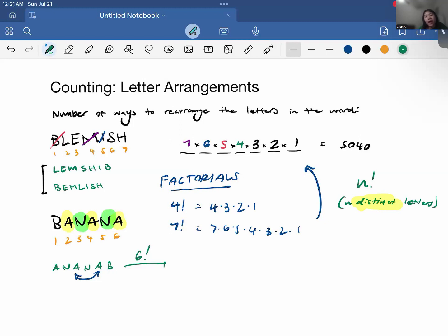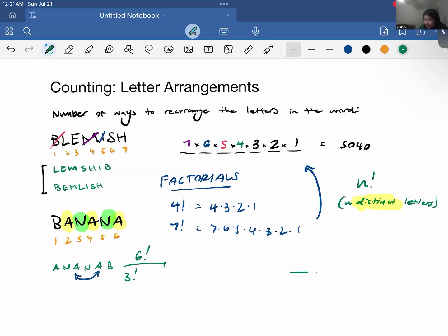So let's look at the A's. How many A's do we have? We have 3 A's. And how many ways can we rearrange those A's? Well, using our n factorial formula, that's just going to be 3 factorial. Remember, this is 3 times 2 times 1.